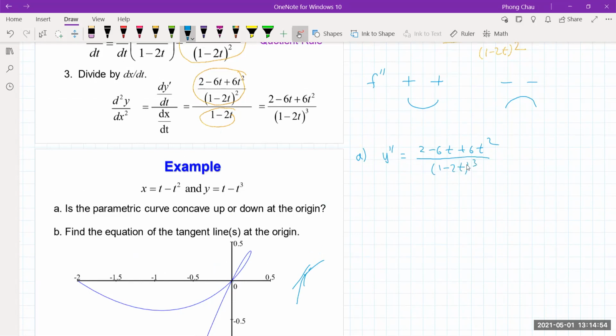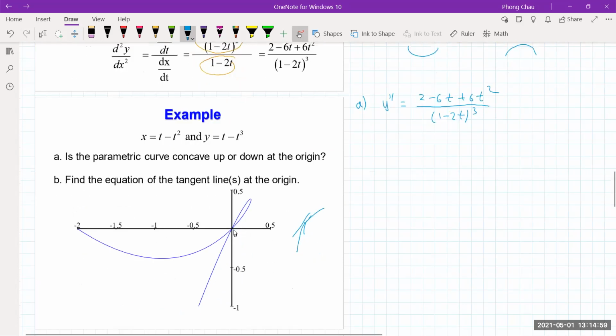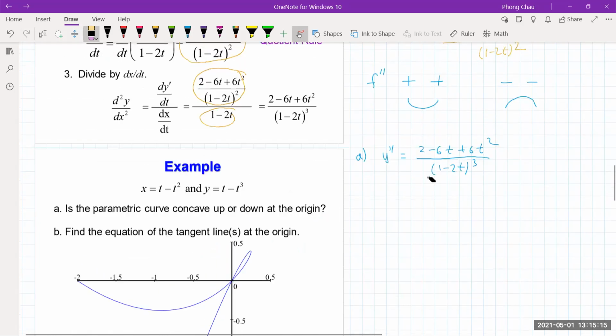Now, we want to know at the origin, that's when x is 0 and y is 0. Our second derivative involves t, so I have no idea what to plug in, because that is in terms of t, but our given information is in terms of x and y: I know x is 0 and y is 0.